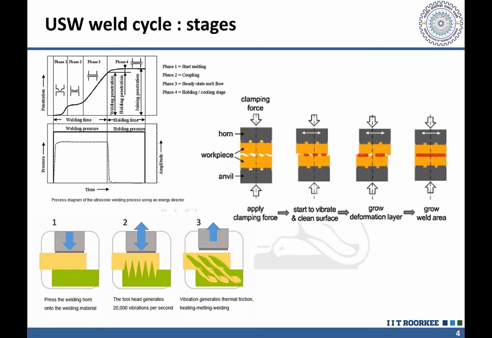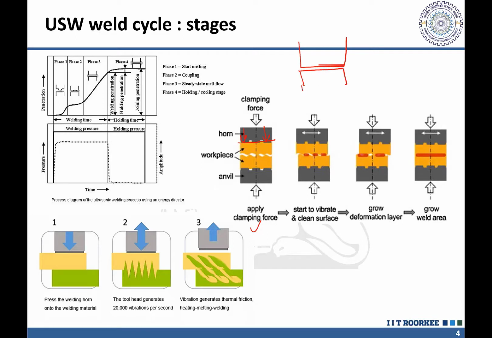So what we see, whenever the sonotrode is brought in contact with the surface of the workpiece, say the horn or sonotrode surface touching the surface of the workpiece, we apply the clamping force or normal force, and then we give the vibrations. When these vibrations are given, there will be interfacial movement.